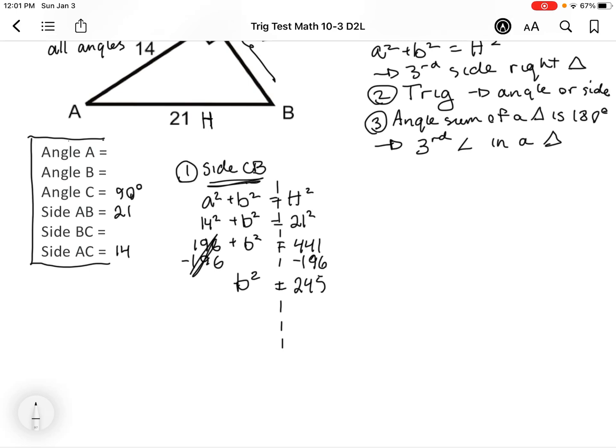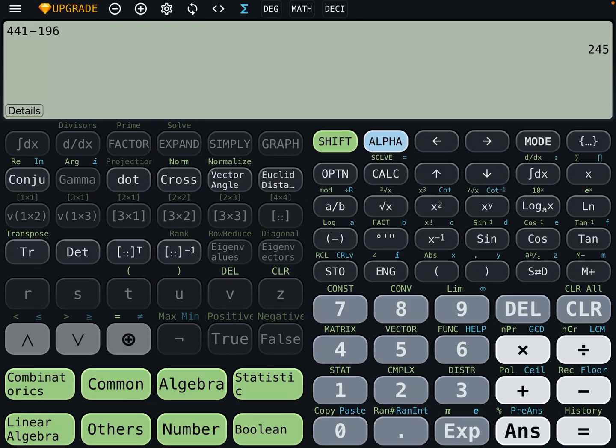Now to undo squaring something, the opposite of squaring something is to take the square root. So b is going to be the square root of 245, and that is, let's see, my square root button is right here. And that is 15.6.